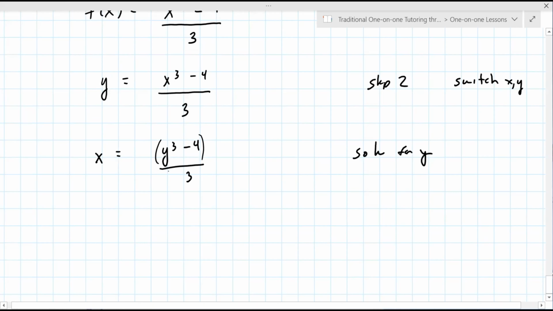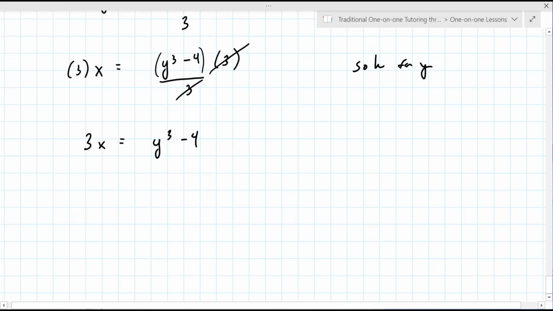Okay, so you undo division by 3 by multiplying by 3 on both sides, and that clears it out. So 3x equals y cubed minus 4.